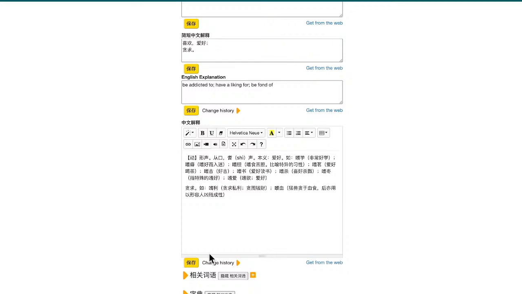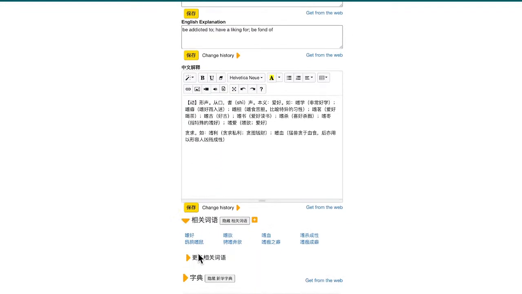For example, common words like 嗜好 basically mean a kind of hobby that the person has great passion for. 嗜血 means bloodthirsty.